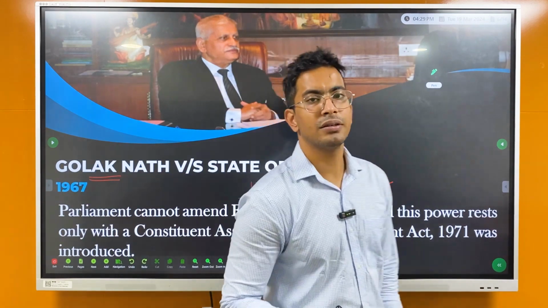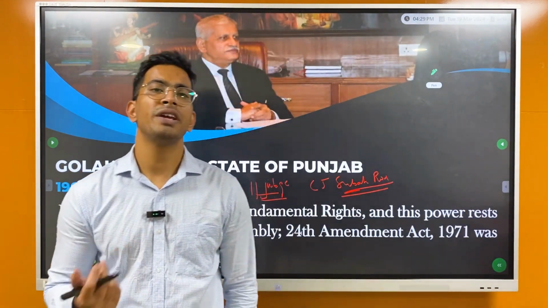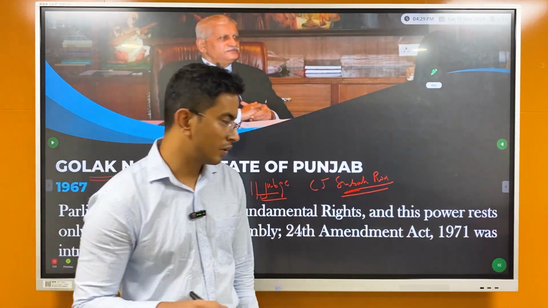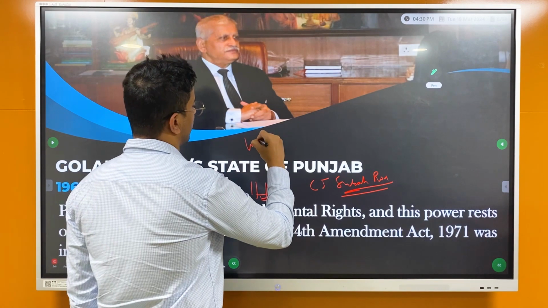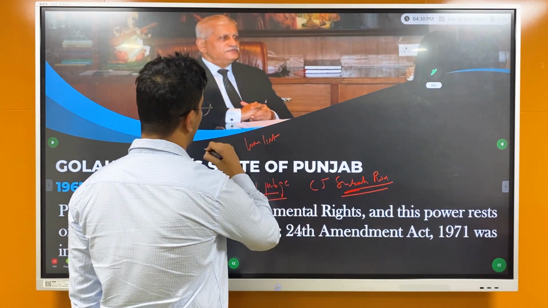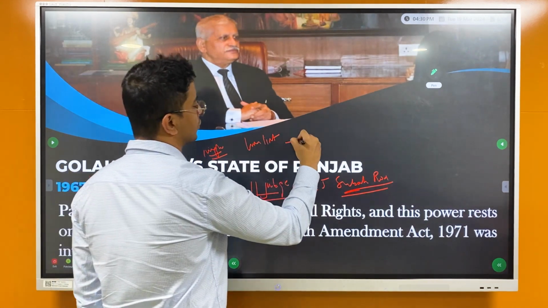It said that the amending power of the Parliament and the lawmaking power of the Parliament are the same. And it gave implied limitations on the Parliament to amend the Constitution.